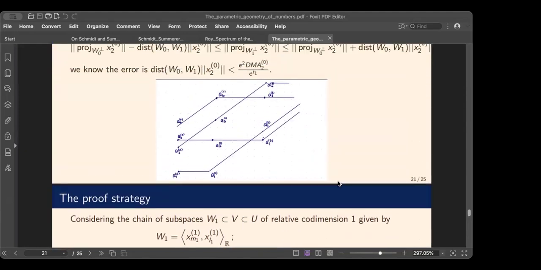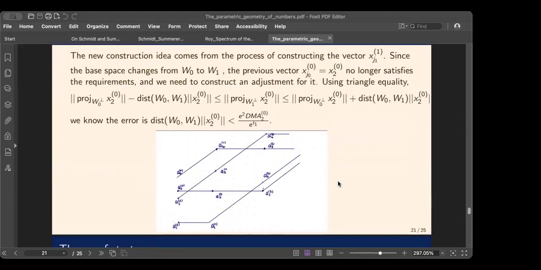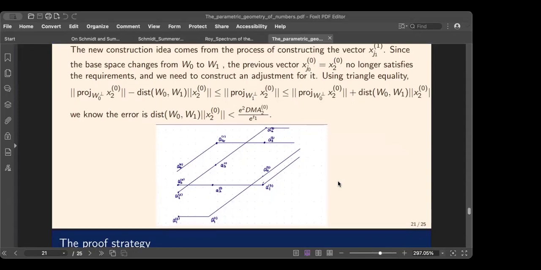Because in each step, actually, we construct a subspace. No matter whether gi is larger than ki or not, the subspace we construct is always a Cauchy sequence. So the Cauchy sequence still holds.